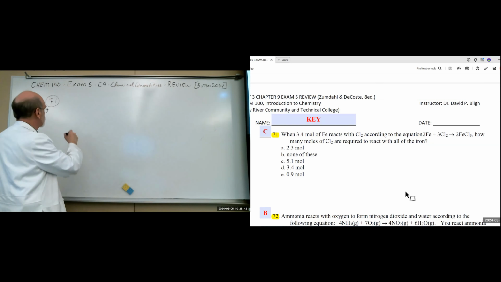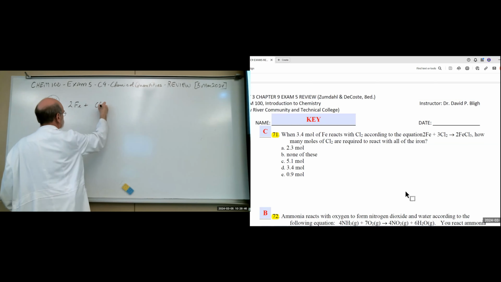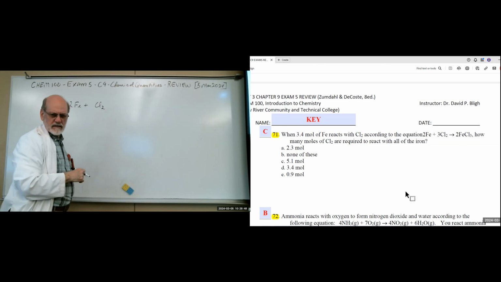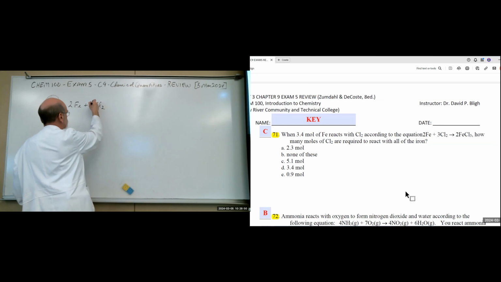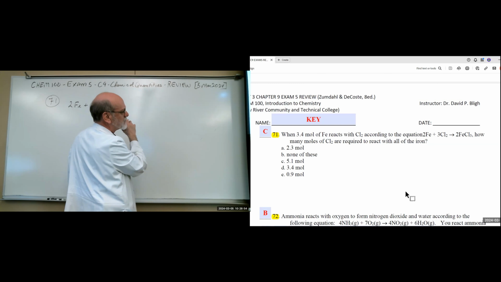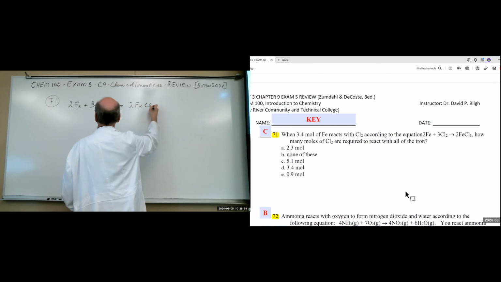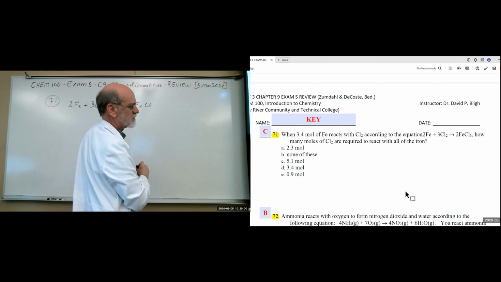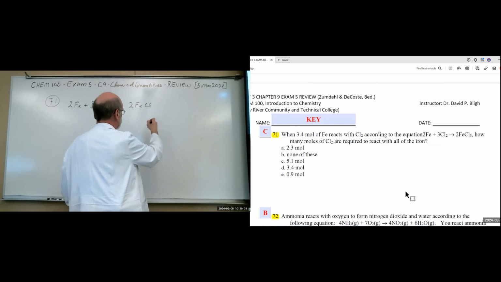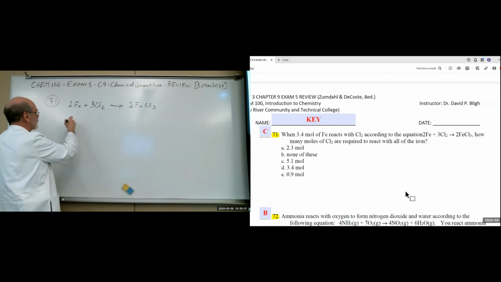All right, so we have 2 iron plus chlorine, 3 of those, yields 2 FeCl3. Okay, and we're given 3.4 moles.